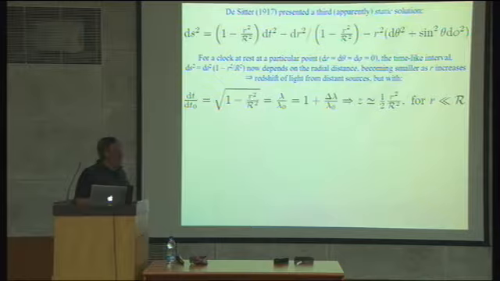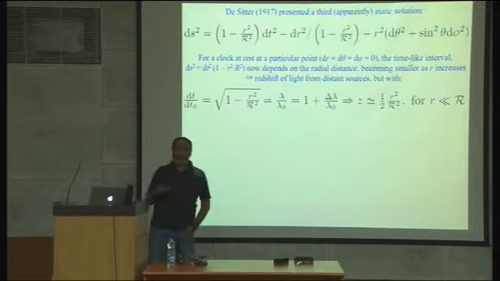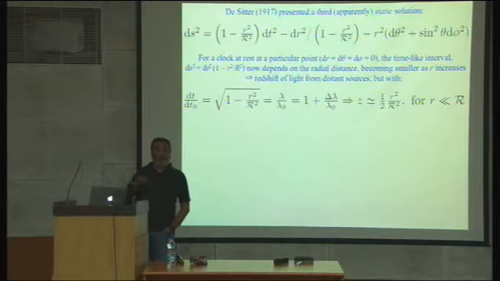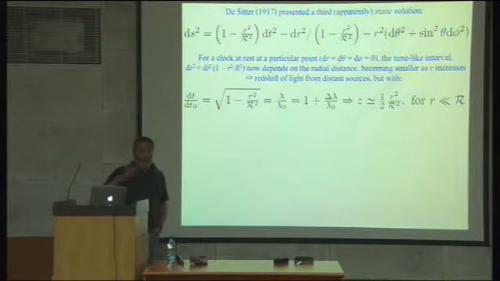So this was called the de Sitter effect. Observers expected that the redshift would actually go as the square of the distance.